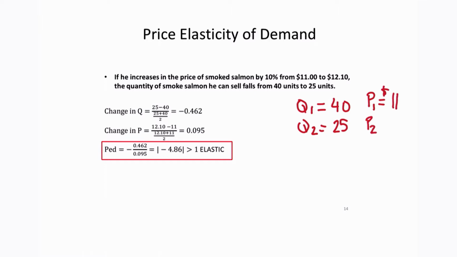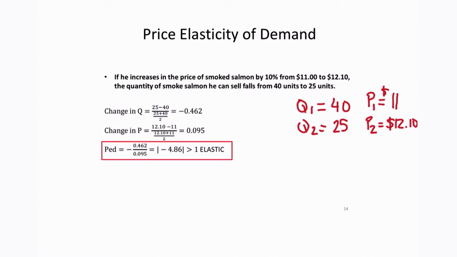And price 2 is going to be $12.10. Okay, so now all we have to do is plug in our numbers. As you can see here, our change in quantity is going to be 25 minus 40 divided by 25 plus 40 divided by 2, which gives us negative 0.462.